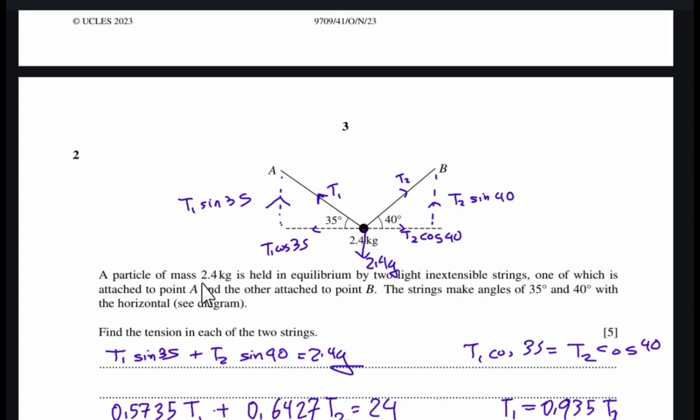A particle of mass 2.4 kg is held in equilibrium.